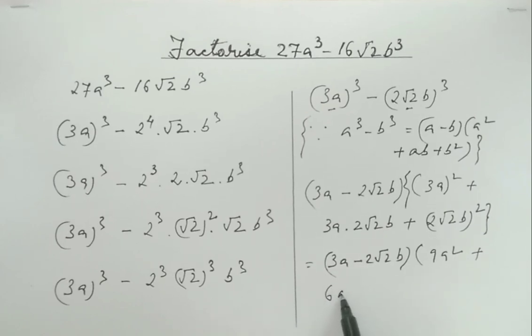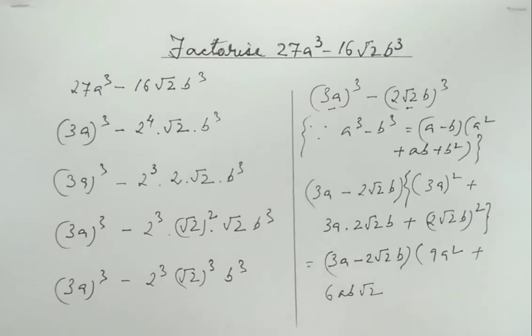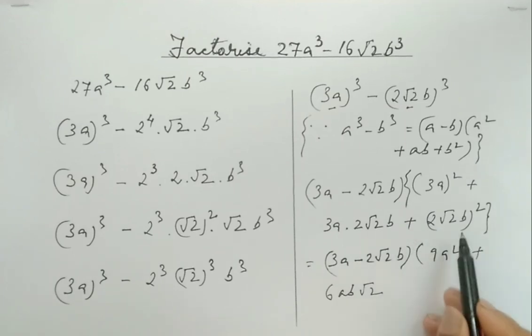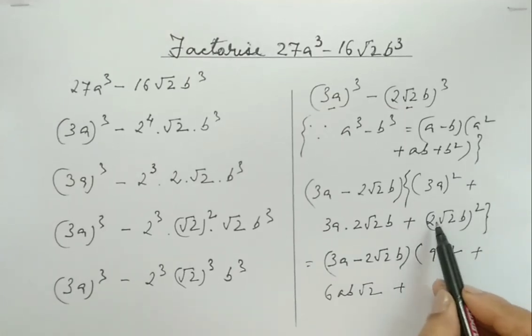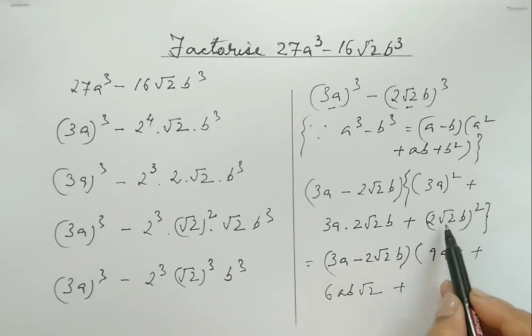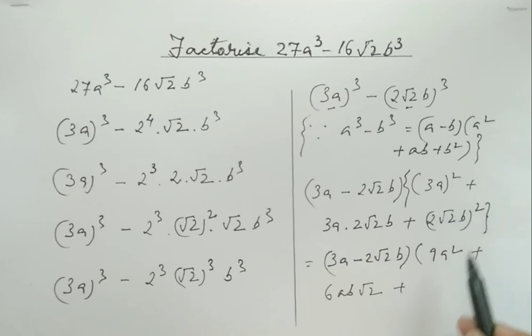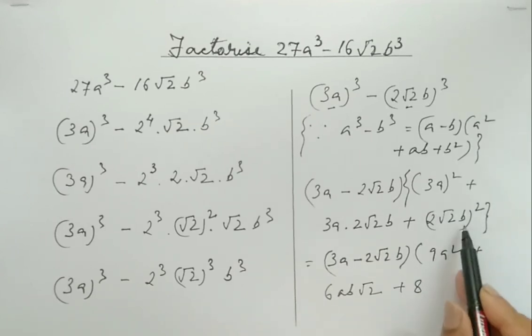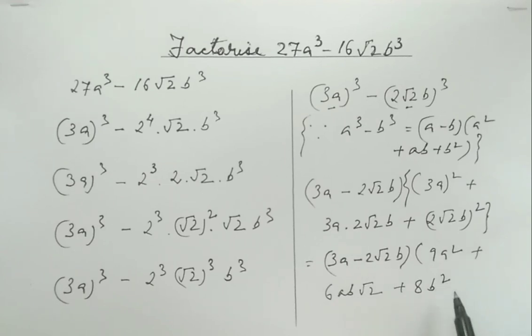So 6ab and root 2. And here we have 2 into 2 is 4 and root 2 into root 2 is 2, which means 8, and b into b is b square, isn't it? So we have this as a second factor.